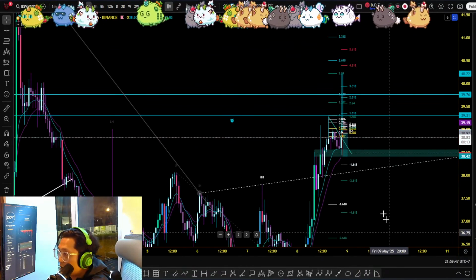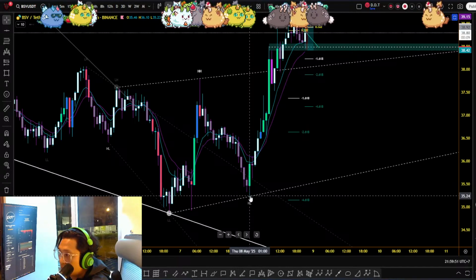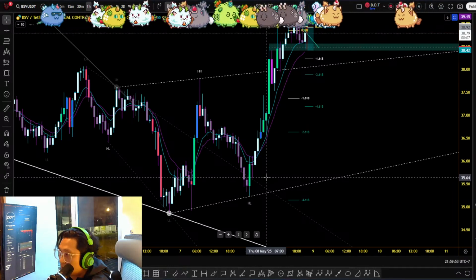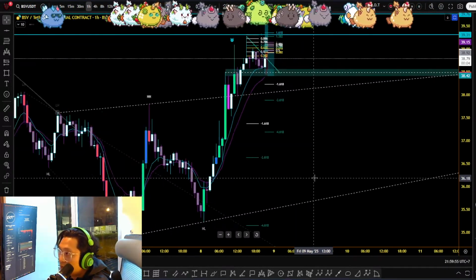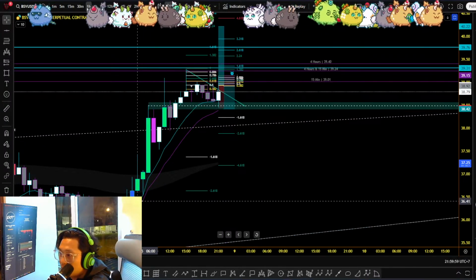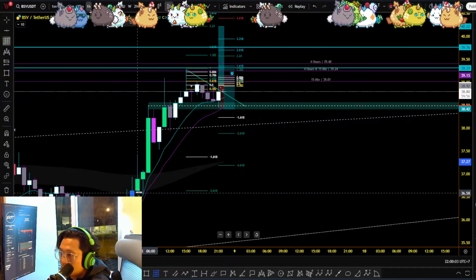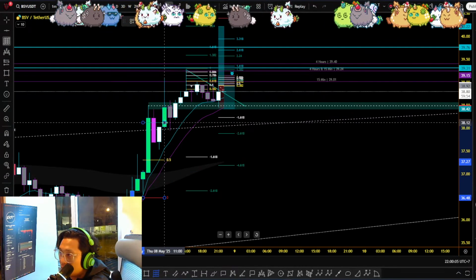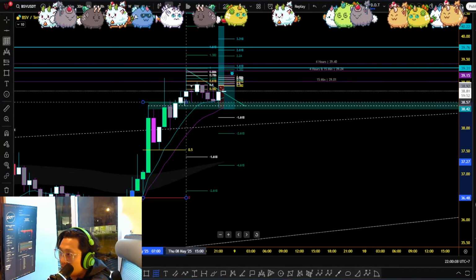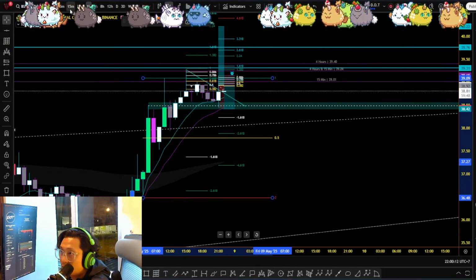So let's see, the 1 hour is still bullish, but it looks like it wants to retrace. Yeah, it looks like it's going to retrace.